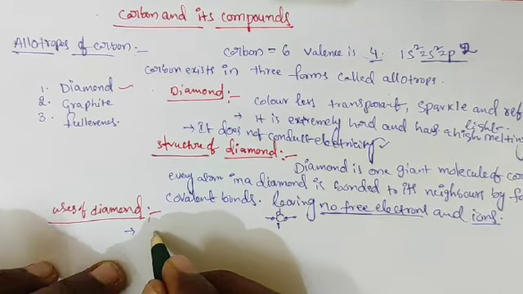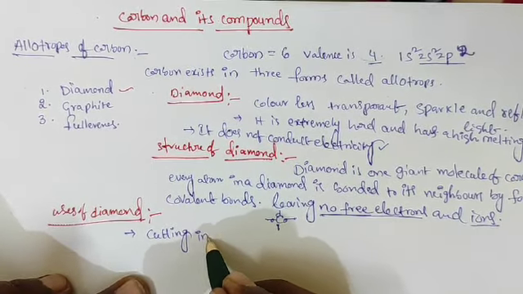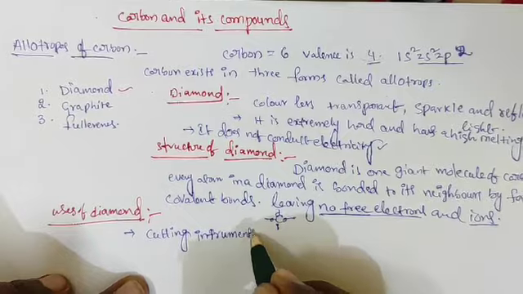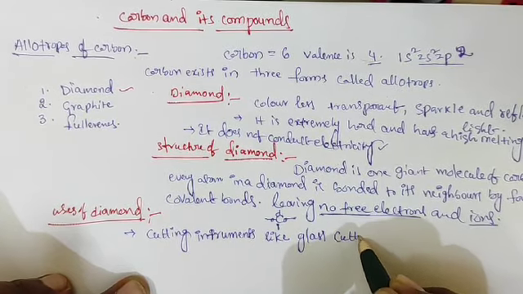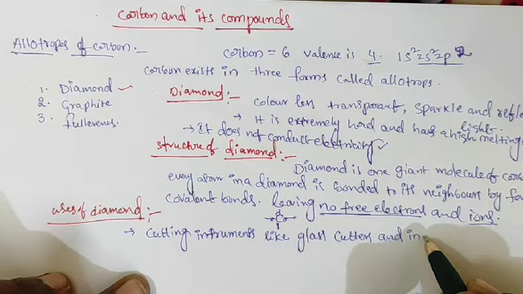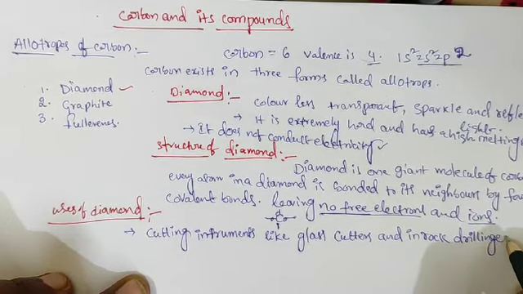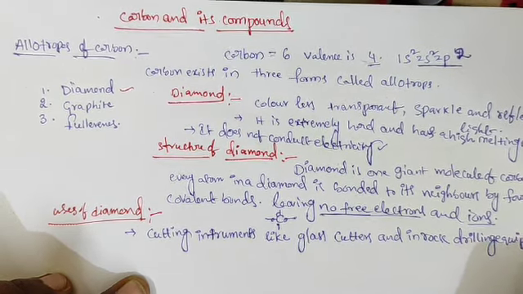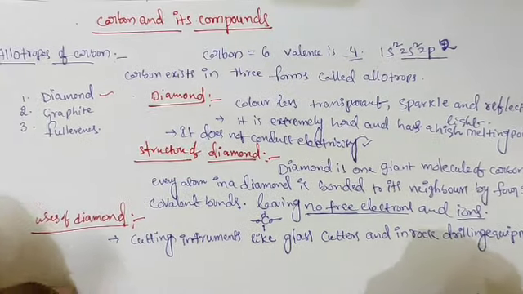Diamond can be used for cutting instruments like glass cutters, and rock drilling equipment also is prepared with diamond.